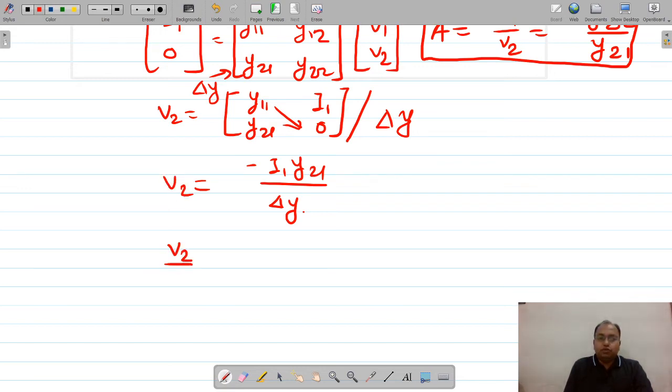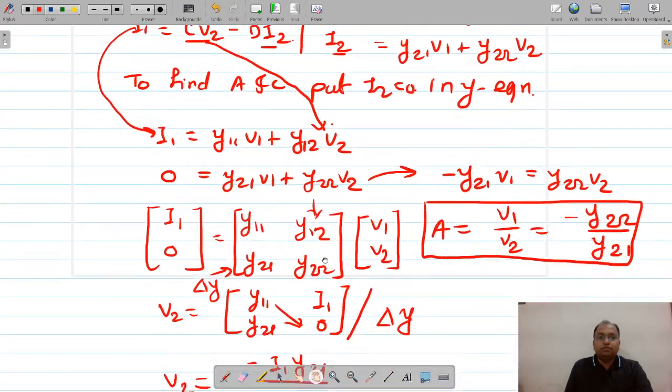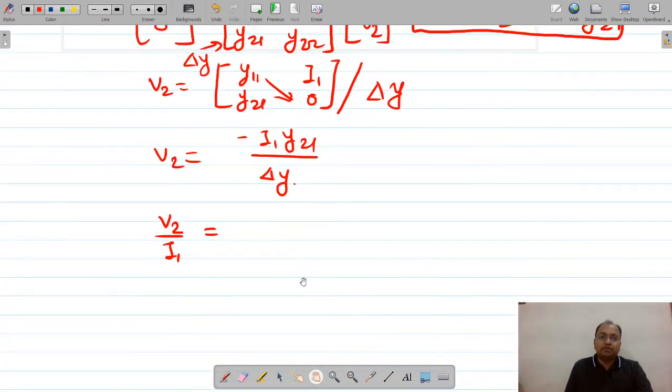Let us take V2 divided by I1 first, and then we'll check out what is the ratio. I think it is I1 to V2, right? So I need to take an inverse of it. Okay, fine. Minus of y21 divided by delta y. Take a reciprocal.